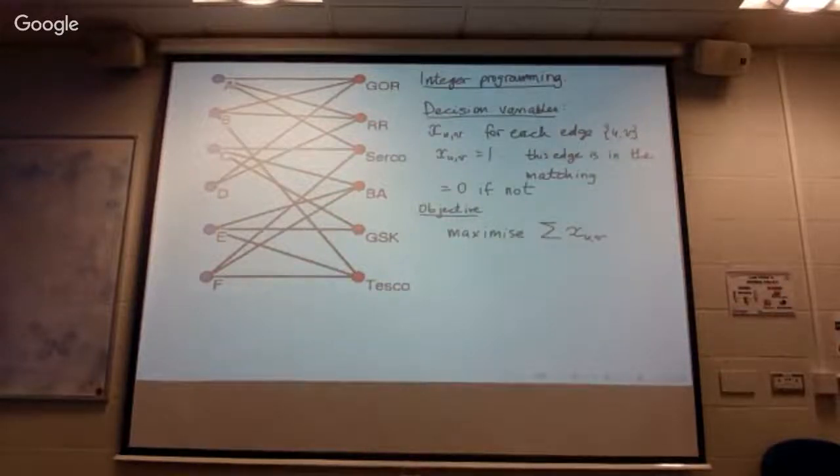If you take all the decision variables that we've created and add them all together, then the number of ones among them is the number of edges in the matching, and so that's our objective. Okay? Make sense? And then the constraints were what I said.